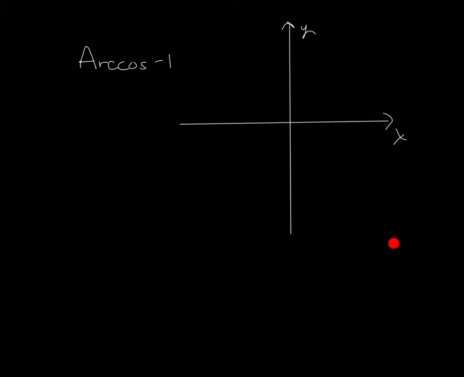The arc cosine of -1. So I erased all the stuff I put up there with all the angles. That says find the angle whose cosine is -1. Can you find that? I have to rebuild this.